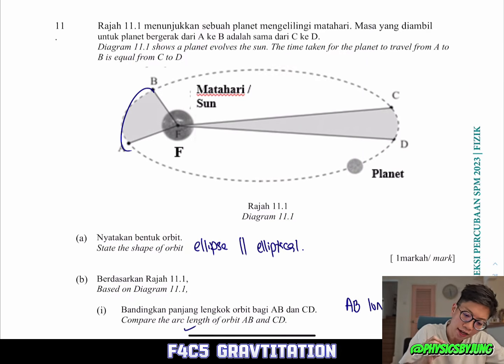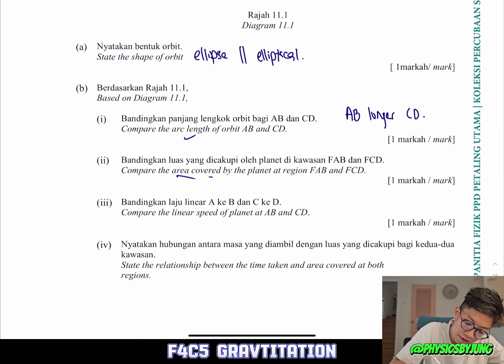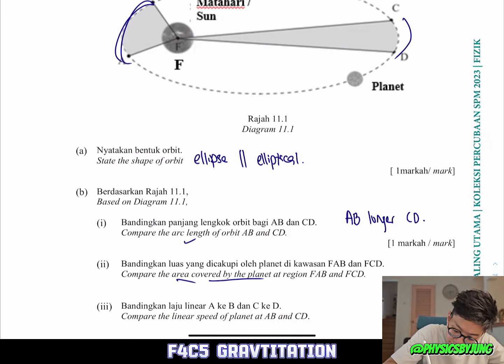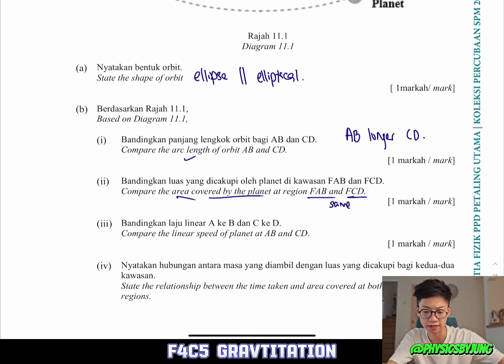Calculate the area. They tell you that the time taken is equal. So time, same. Your area also must be the same. So if I compare the area covered, AB same, CD same, so we can say the area of FAB is the same as your FCD. 1 mark, very simple.